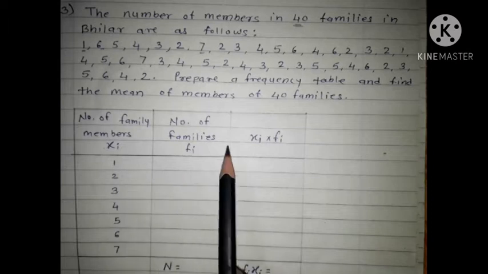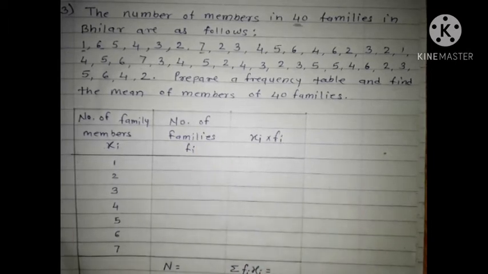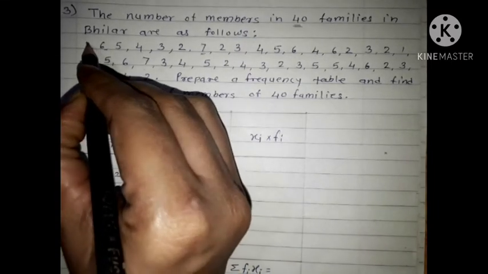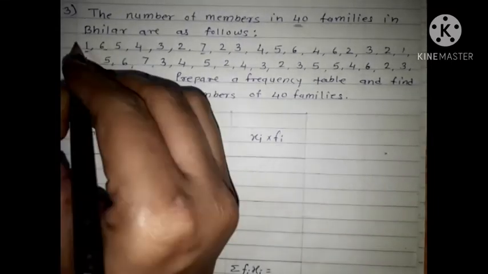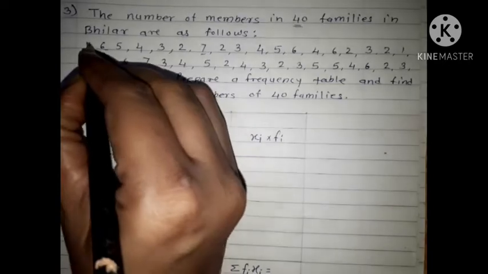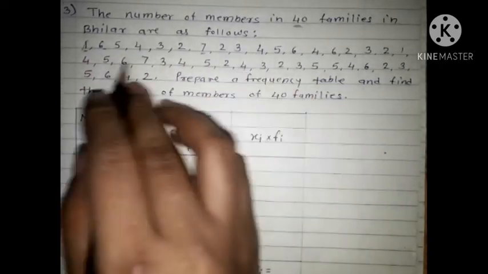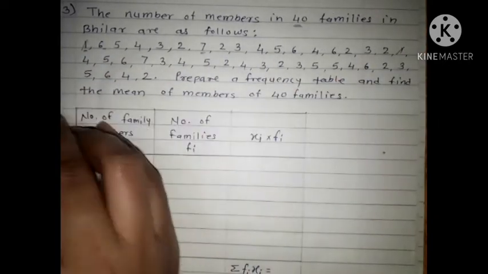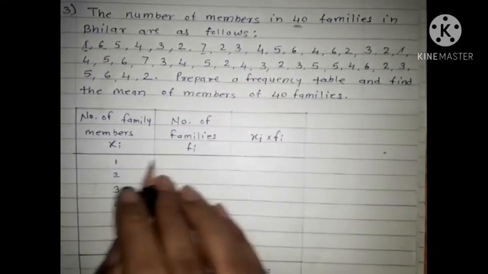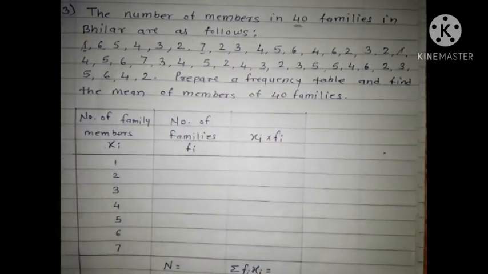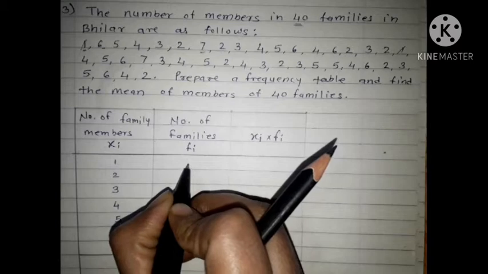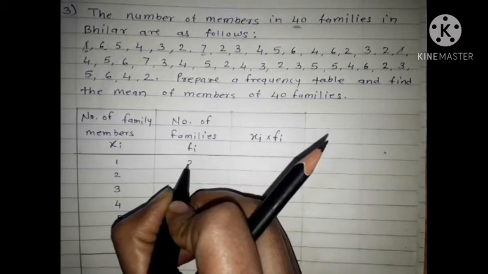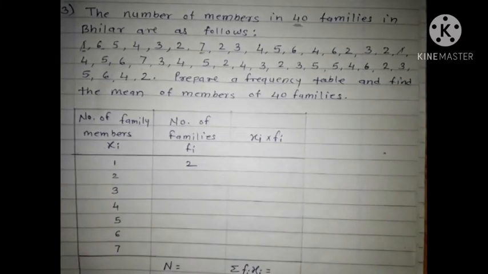Now we have to find the number of families. First, for 1, we count 1, 2. The total number of families having one family member is 2.